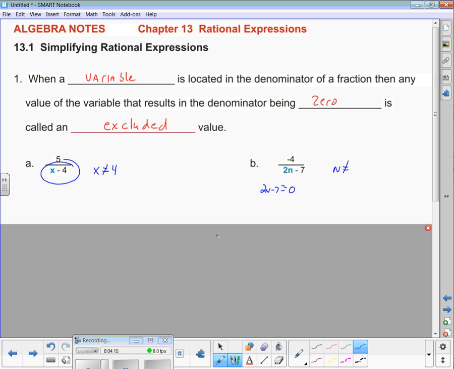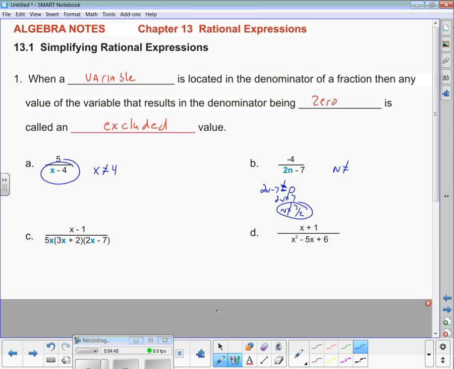It's an ugly equal sign, isn't it, writing on an electronic tablet. So solve this little equation. Add a positive 7 to both sides. Divide by 2, and you get n equals 7 halves. But really, what I should have done all along is say 2n minus 7 cannot equal 0. Therefore, 2n cannot equal 7. Therefore, n cannot equal 7 halves.